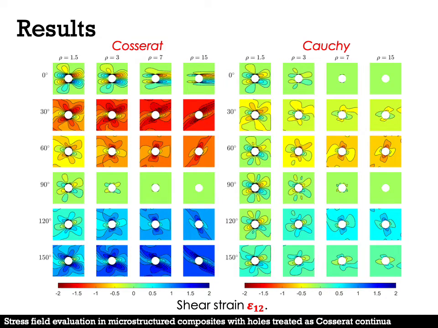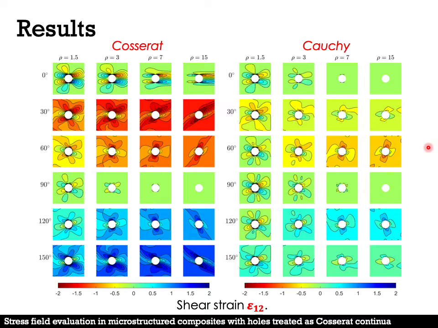This is the result of the shear strain epsilon 1,2. Similar behavior can be observed for epsilon 1,2 for the Cosserat continuum. Orthotropic material shows symmetrical distribution, and the direction of the microstructure affects the distribution of epsilon 1,2 and its acting orientation.